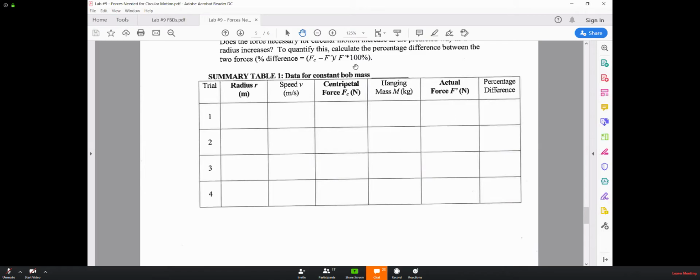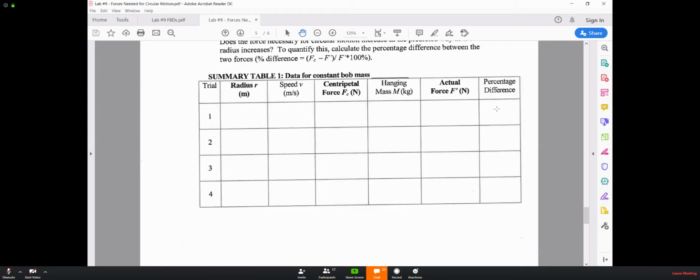What's the percentage difference? Centripetal minus F prime over F prime. So 5.90 minus 5.96, they differ by 0.06, divided by 5.96 times 100%. And I actually got negative 1.0%.